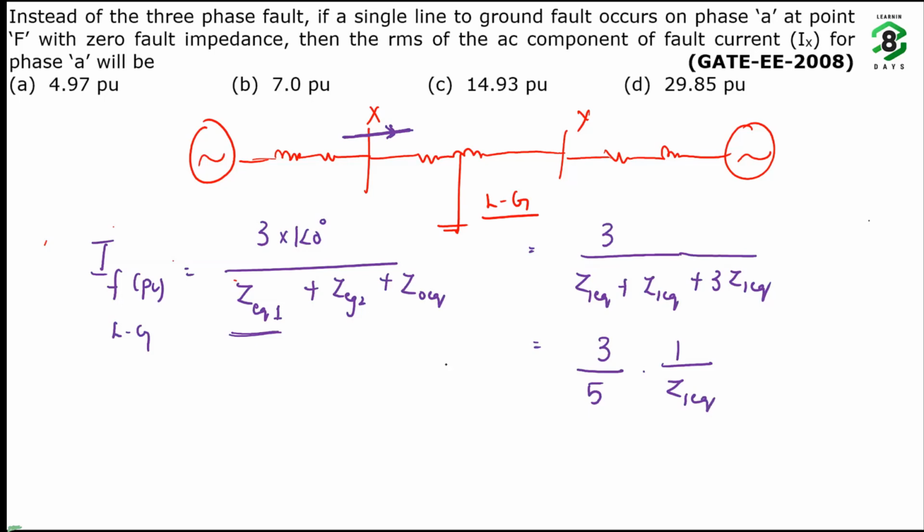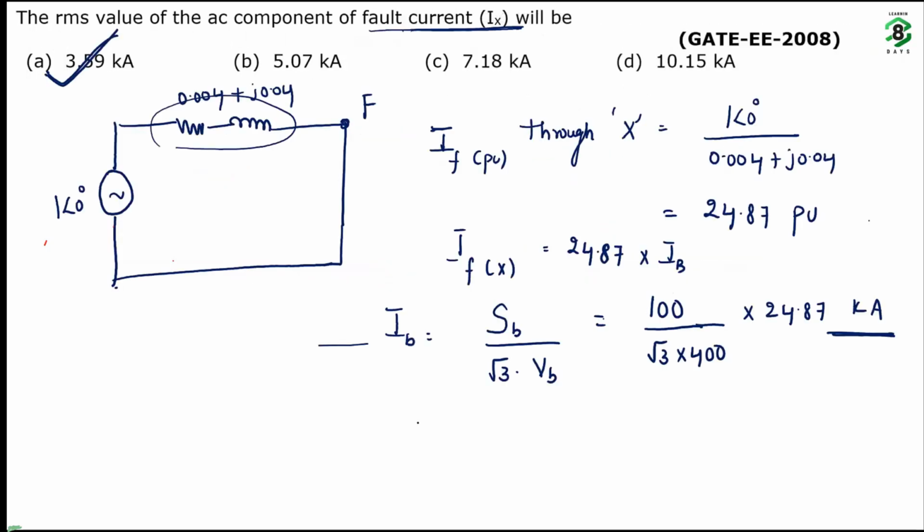So many per unit value. Okay, this is the per unit fault current when a single line to ground fault occurs flowing through bus bar X. So already 3 by 5 into 1 by Z1 equivalent, we have computed in the previous question. 1 by Z1 equivalent is 24.87 per unit. That is, 1 by Z1 equivalent is nothing but the 3-phase short circuit fault current.